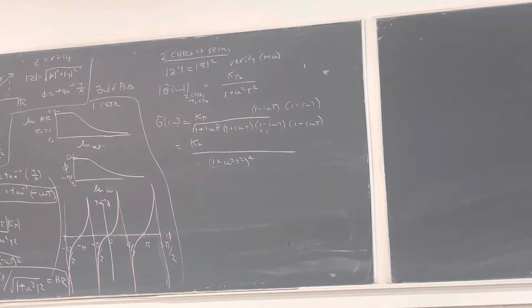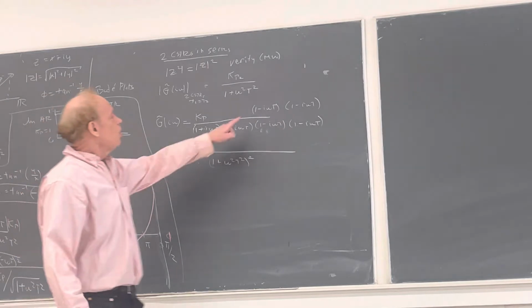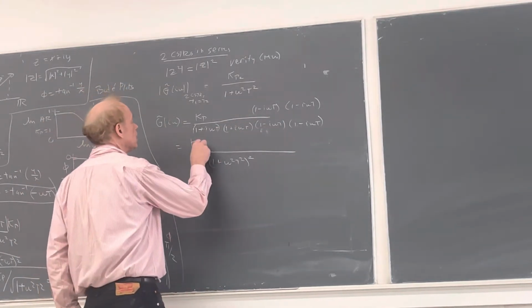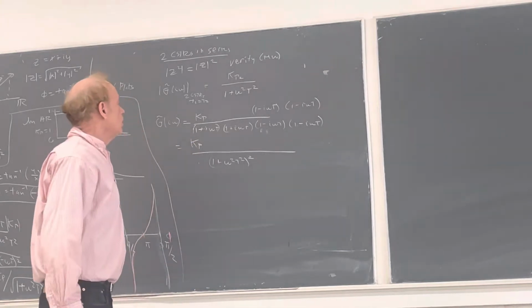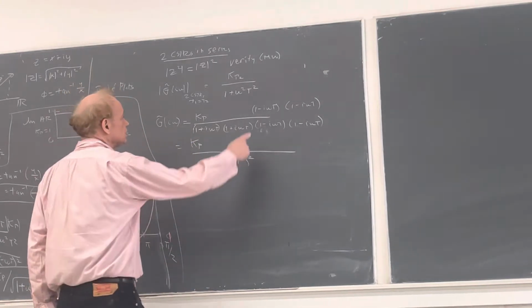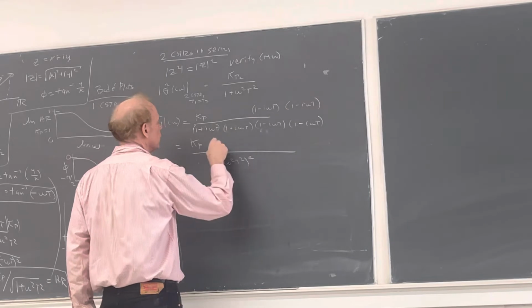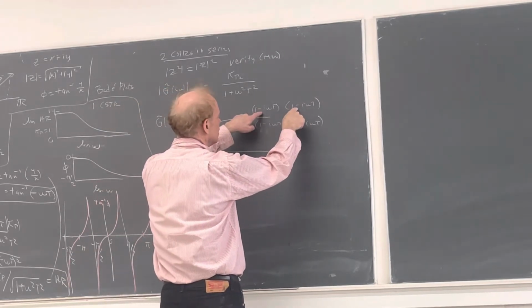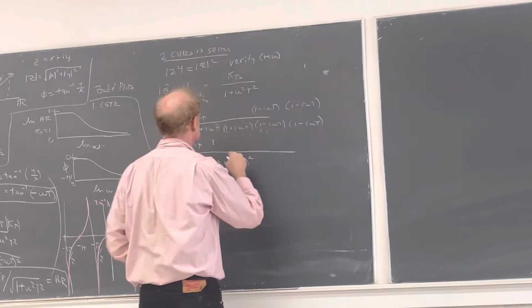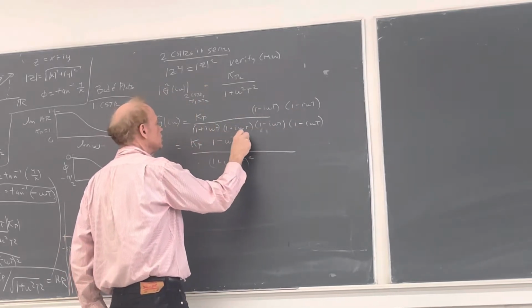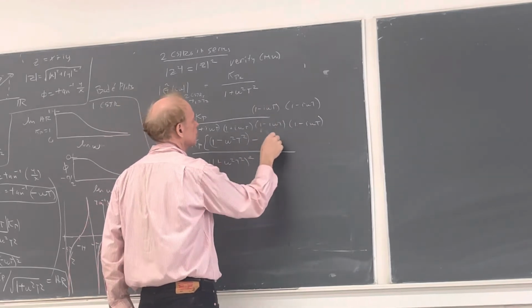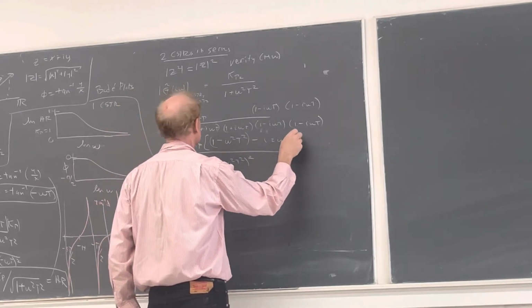Because I have one of those products from here, and then I have the same thing again. But now I have 1 minus i omega t quantity squared. So why don't we take that? If I take this, I have 1 times 1 is 1, i omega t times i omega t, which with the minus is minus omega squared t squared, minus i times 2 omega t.